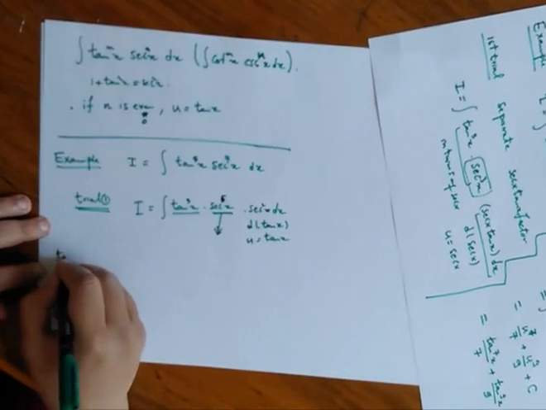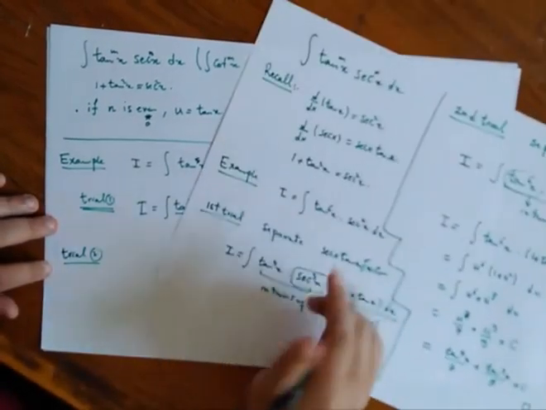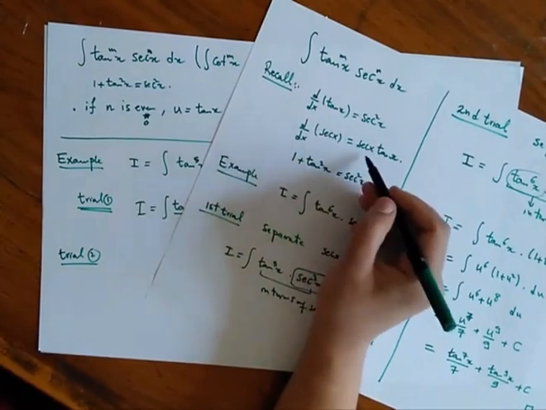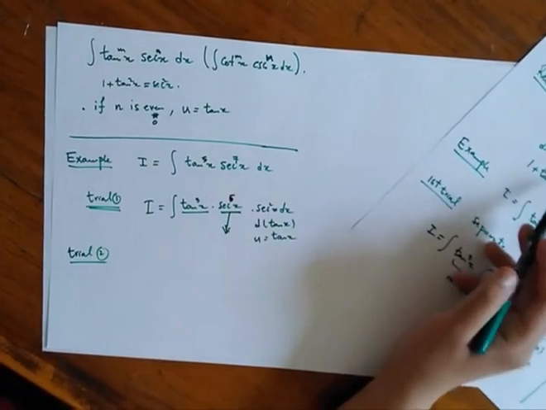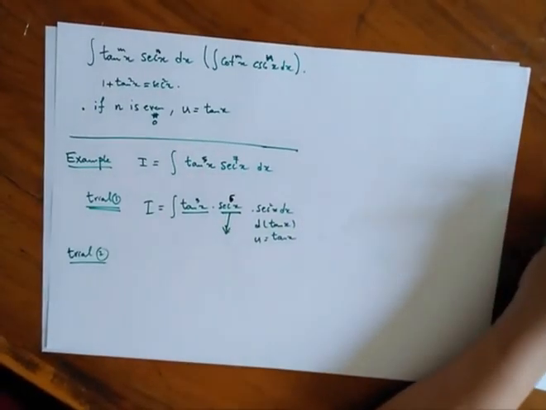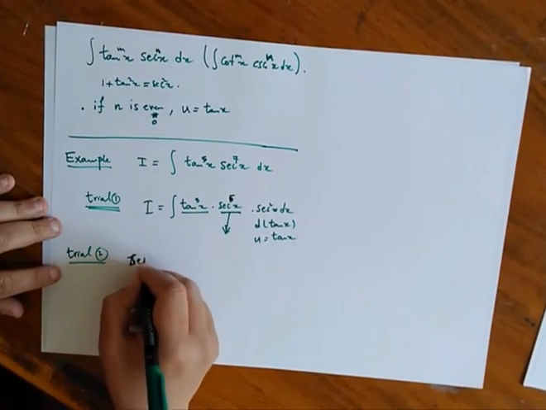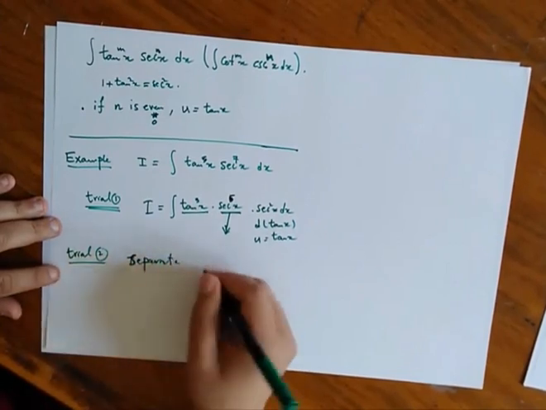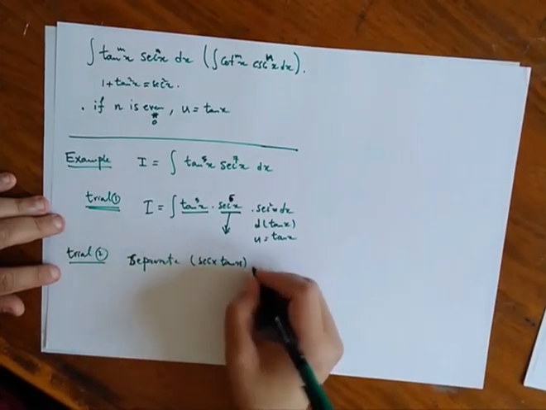But let's see another thing. We know that the differentiation of the secant is secant times the tangent. So maybe we could separate this factor here. So let's see. Maybe I will separate the secant x times tan x factor.